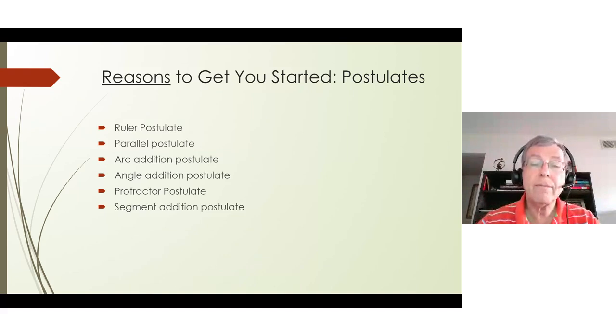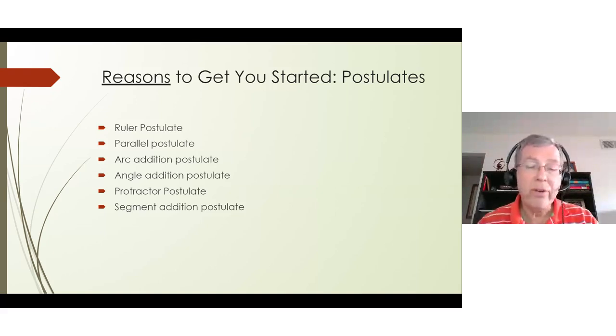So the first, we have the ruler postulate. You're probably wondering, what is that? Well, use your imagination. Picture a ruler. You have 1 inch on the ruler. Take another ruler, another 1 inch on that ruler. If you add up those two 1 inches, they will equal 2 inches.